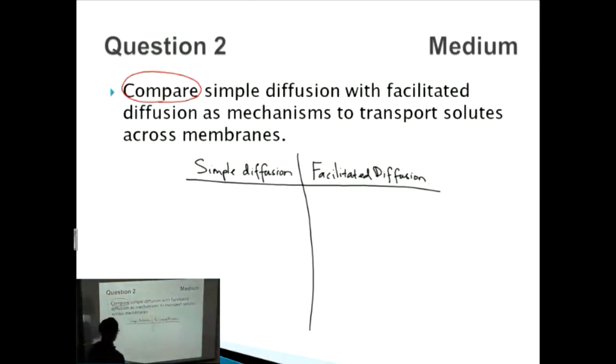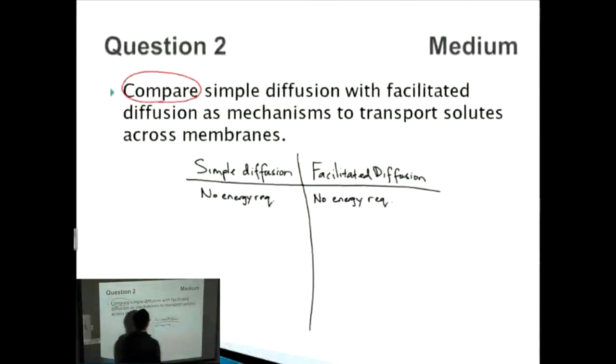Okay, so let's talk about simple diffusion and facilitated diffusion and how they're similar. First of all, no energy is required. Okay, because you're going down a concentration gradient from an area of high concentration to an area of low concentration. So we can write that down as well.